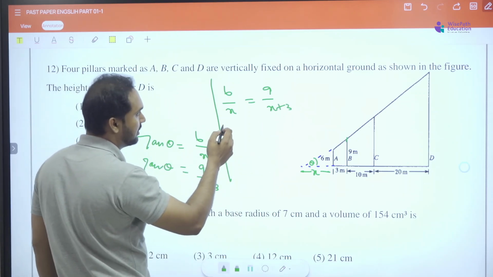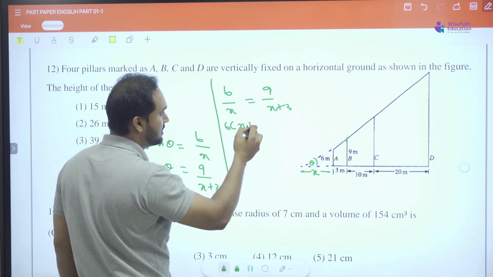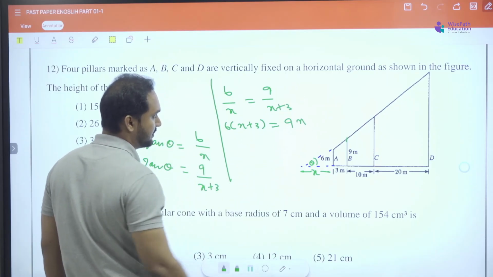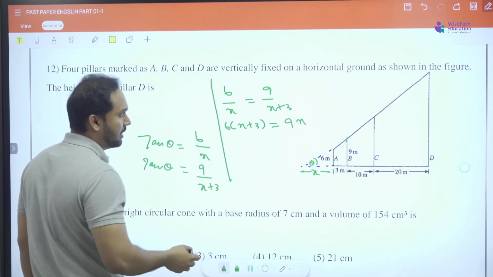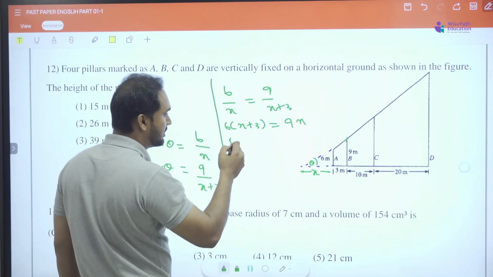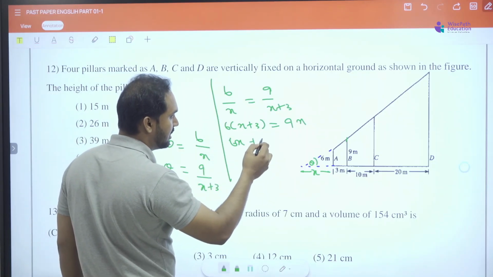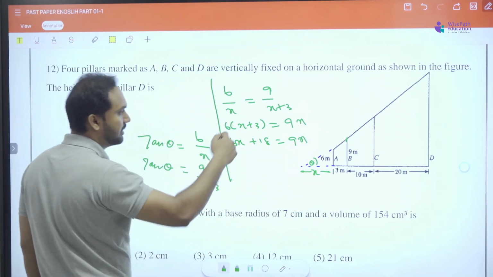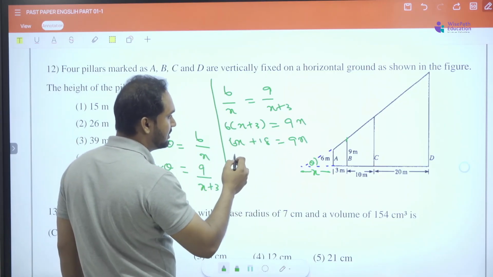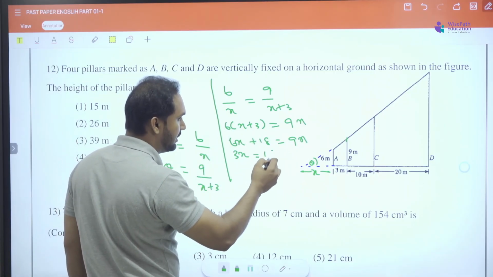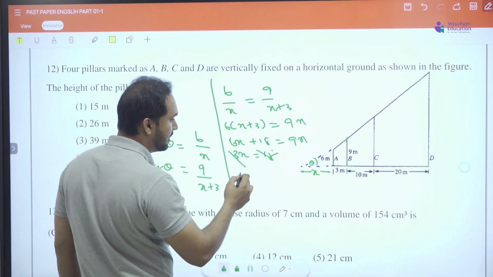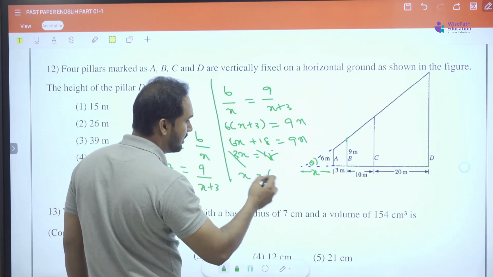Cross multiply it. 6 times x plus 3 equals 9x, right? Solve the bracket. 6x plus 18 equals 9x. Take the x to the other side. That is 3x equals 18. Dividing by 3, x equals 6.